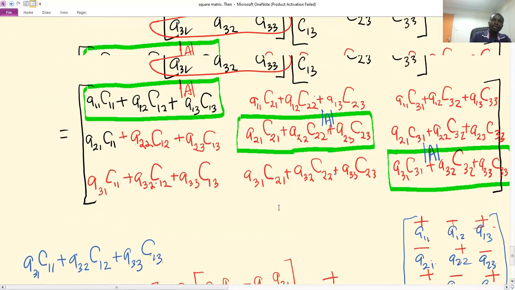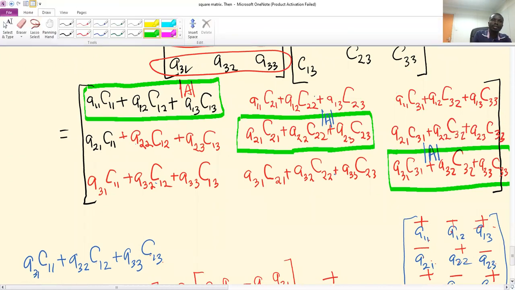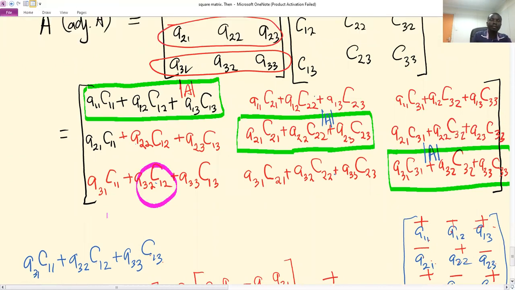So therefore, this element here, if you expand it, you get 0. And as an exercise, also show that A22, C11, A22, C12, A23, C13, if you expand this, will also get 0. Similarly, this will give you 0. This will give you 0.